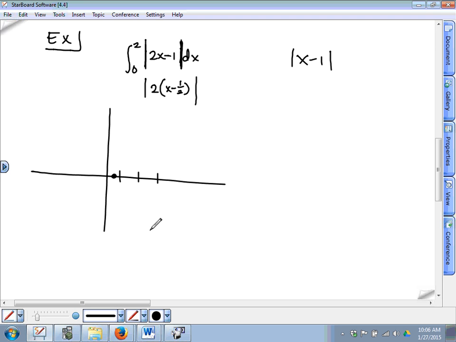So we're going to go from here, up 2 and over 1. And we're supposed to find the area under this curve between 0 and 2. So here's 0, and here's 2. Not too bad. So we need to find this little area right here.